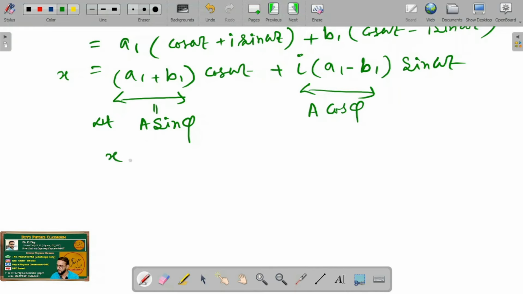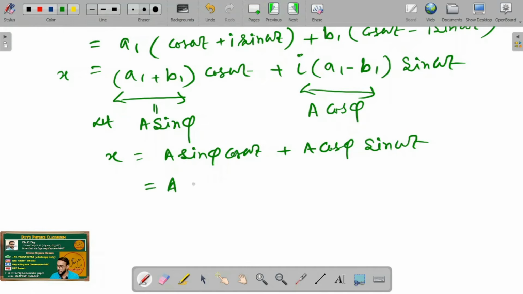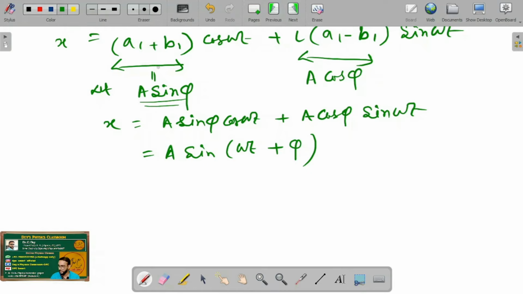So x would be a sin phi cos omega t plus a cos phi sin omega t, so it would be a into sin of omega t plus phi. Here I have taken a1 plus b1 equals a sin phi; you can also take a cos phi here.